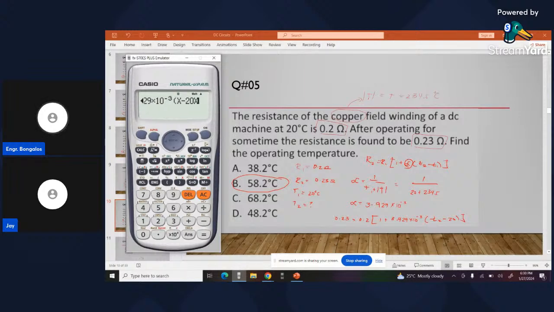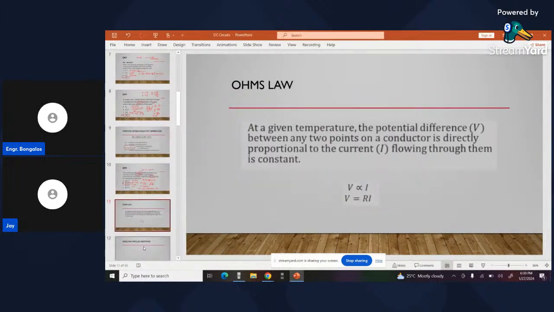Then parentheses, then shift solve. So, meron tayong 58.2. Okay, so proceed tayo sa next.